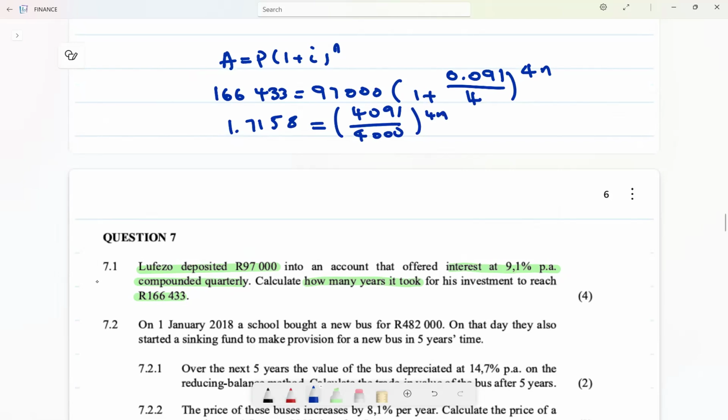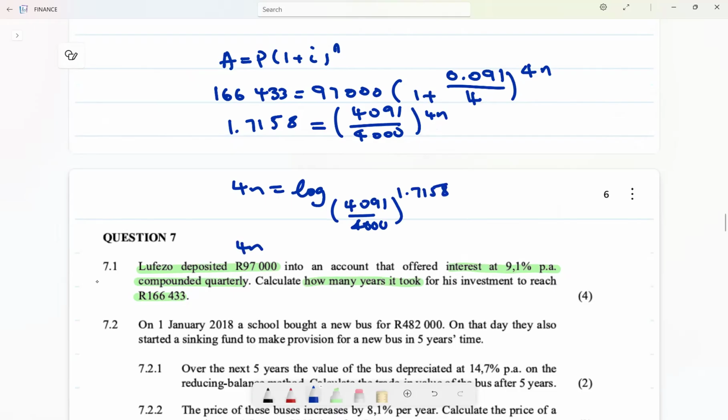Now when I drop this 4n, I need to drop it legally. So I'm going to say 4n is equal to, I introduce log. The base remains the base, and this one will become the argument, 1.7158.